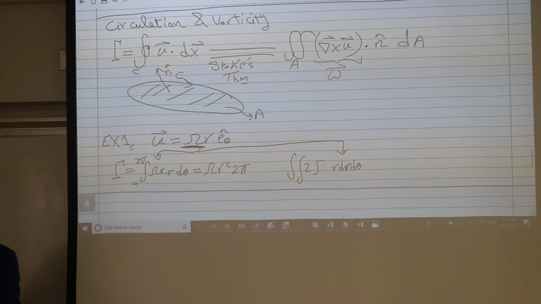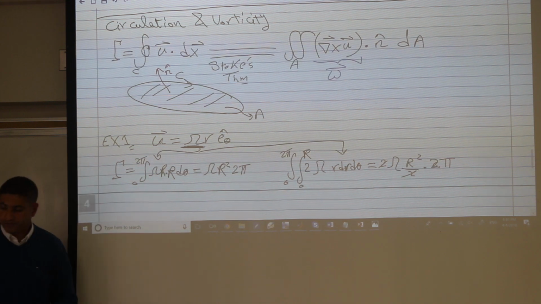It's just 2 omega, right? So r goes from 0 to large R, just to prevent confusion, and theta from 0 to 2 pi. What we get here is 2 omega, r dr gives r squared over 2, and d theta from 0 to 2 pi gives 2 pi. So we get the exact same thing, either from this definition or that definition.